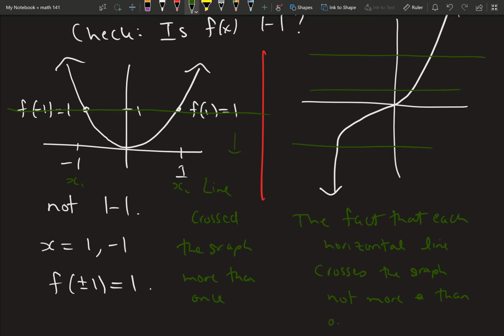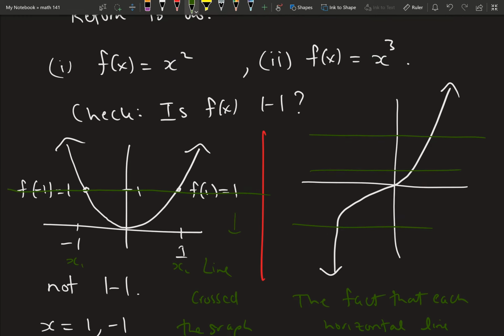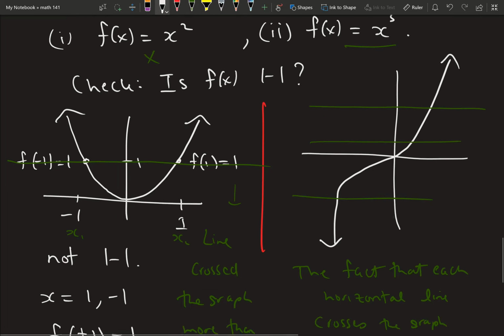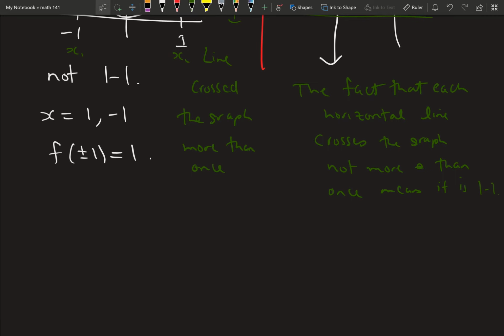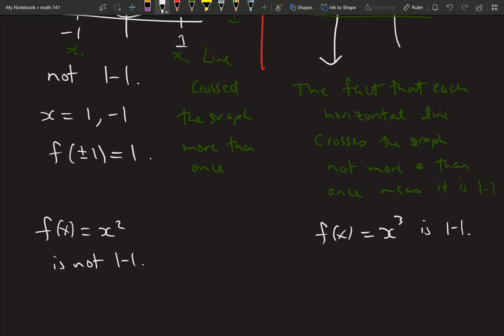So not more than once means it is 1 to 1. Okay, so x cubed is 1 to 1. We are going to be able to find an inverse of this function for x cubed, but we're not going to be able to do so for x squared globally. Okay, so in conclusion, f of x equals x squared is not 1 to 1, and f of x equals x cubed is 1 to 1.